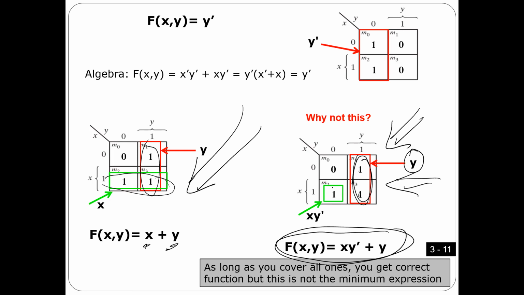However, because this term was only one square, it is 2 variables. If I take these 2 together because they are neighbors, it's going to be only 1 variable, x. So this one is more simplified than this one. The number of terms is the same, but the number of variables in the terms is not the same, right?